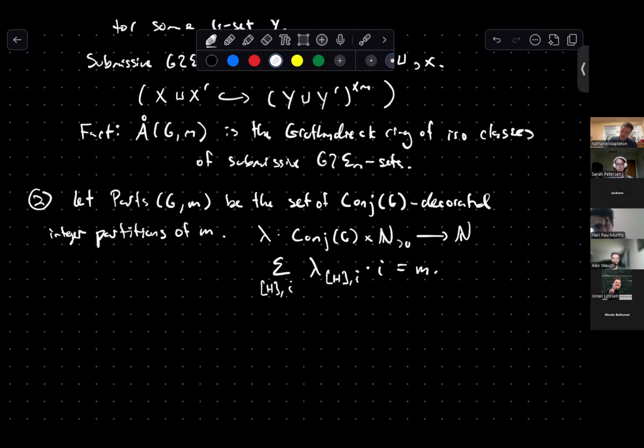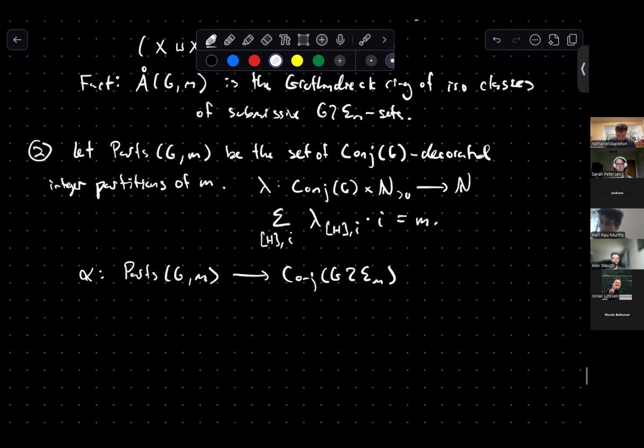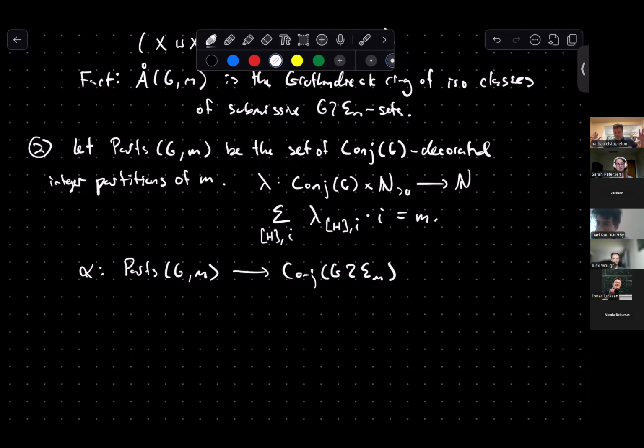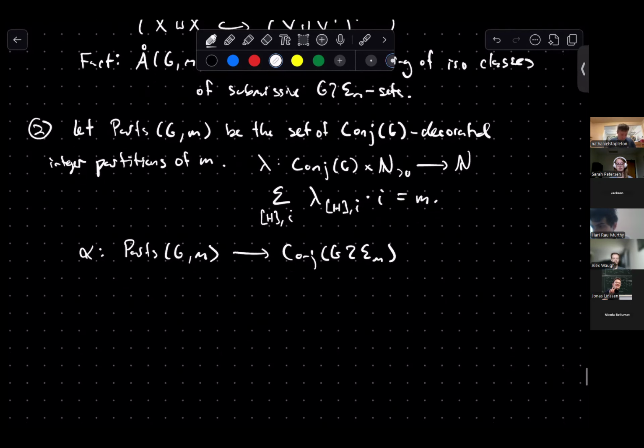Then there's a map, which I'm going to just call alpha, from Parts of G comma M to conj of G wreath sigma M. So associated to a conj of G decorated integer partition is a conjugacy class of subgroups. And how am I going to do it?